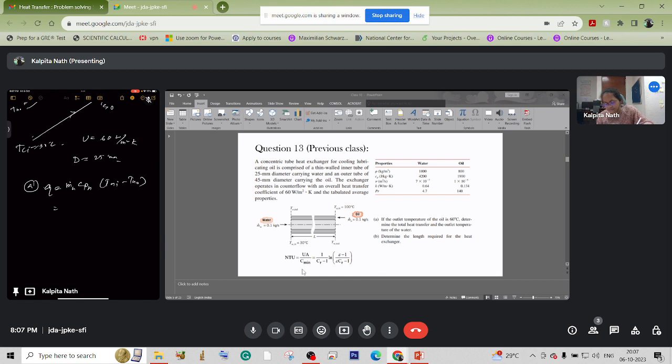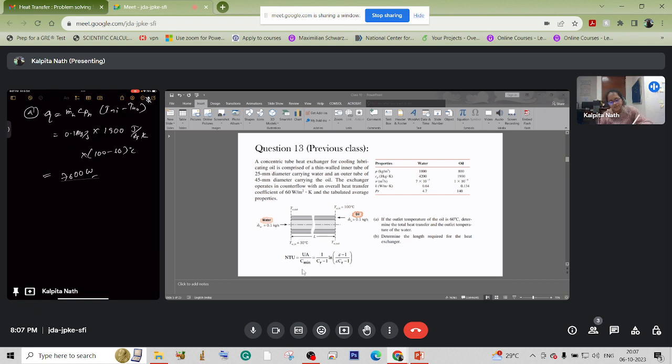So this is 0.1 kg per second, into Cp_H given as 1900 joule per kg Kelvin for oil, into (100 minus 60) degrees Celsius. So this is 7600 watt.